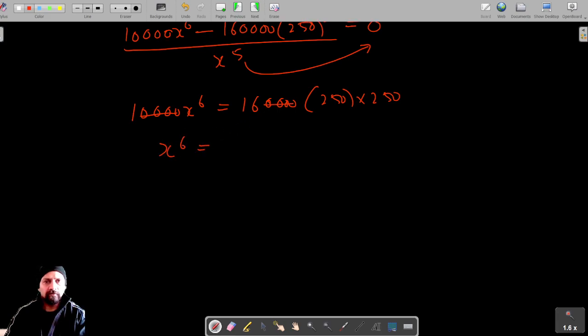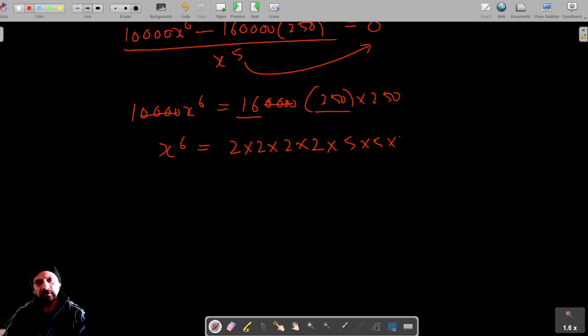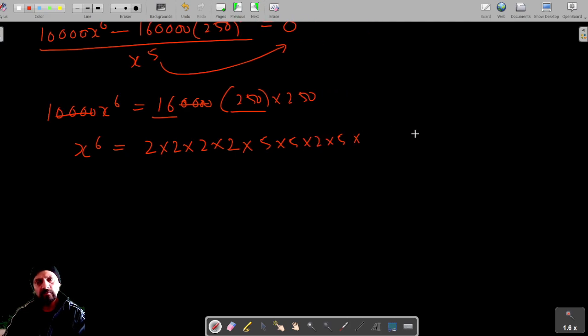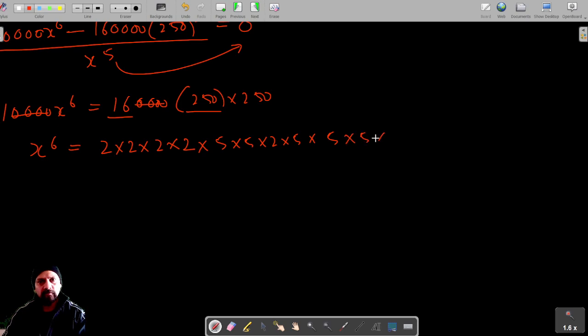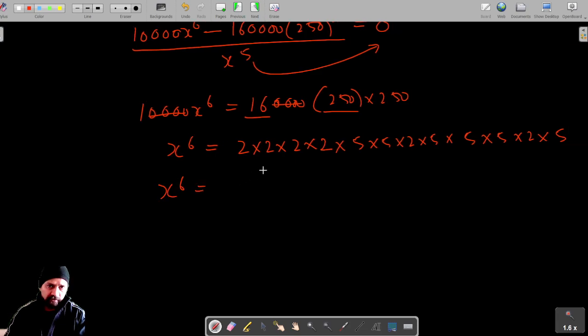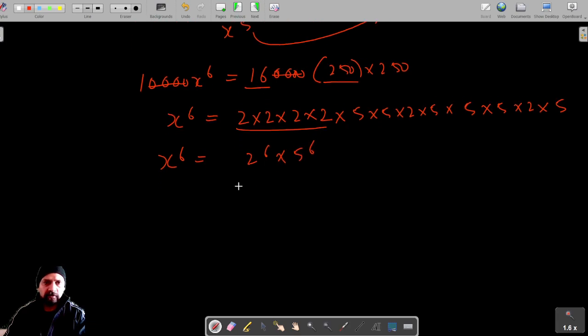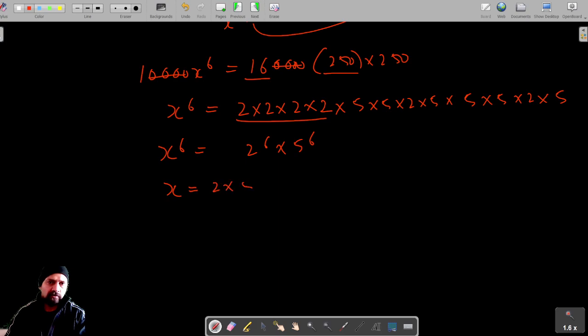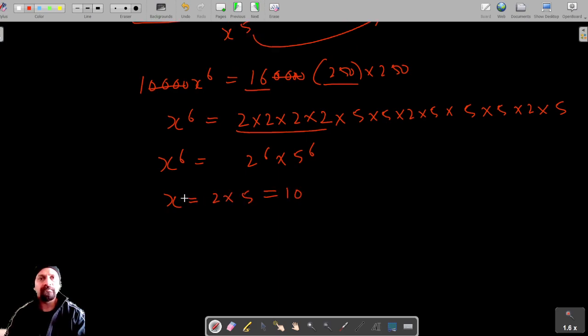So x raised power 6 is now equal to, this is 16, which can be written as 2 into 2 into 2 into 2. 250 is 5 into 5 into 2 into 5 into, this is once again 5 into 5 into 2 into 5. Okay, now x raised power 6 is 2 raised power 6 into 5 raised power 6. So x is equal to 2 into 5, which is equal to 10.